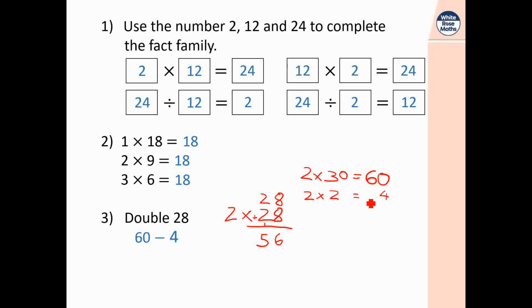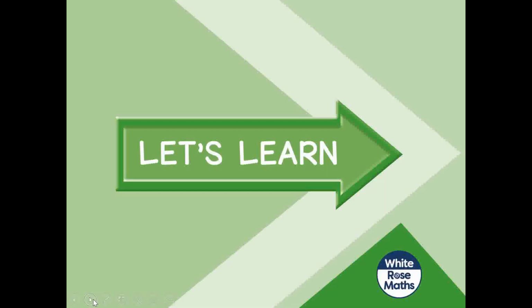So you need to do 60 take away 4, which also gives you 56. Okay, so that's a different way of doing this one. You can do 2 times 30, or you can do 2 times 28. Of course, it's easier to do 2 times 30 and then take away 4, maybe. Right, let's move on. Okay, 56.